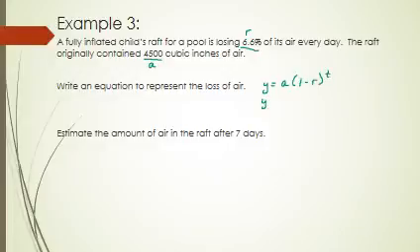So that gives us y equals, our initial amount is 4,500. 1 minus our rate, remember we need to change that into a decimal because right now it is a percent. So you can divide it by 100 or move the decimal back 2 places, and that gives us 0.066 to the t power.